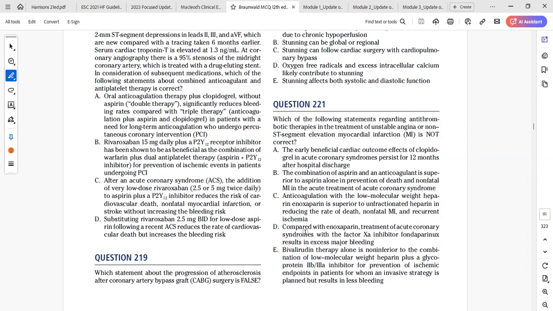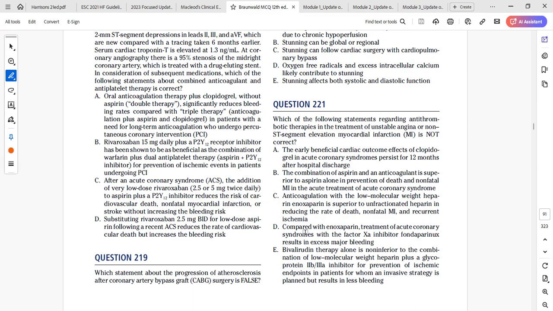Like I said, this was the third arm of that same study. And the only thing that was checked in that study was bleeding outcome. It wasn't powered to check for these other outcomes, the ischemic events. So that makes it false.